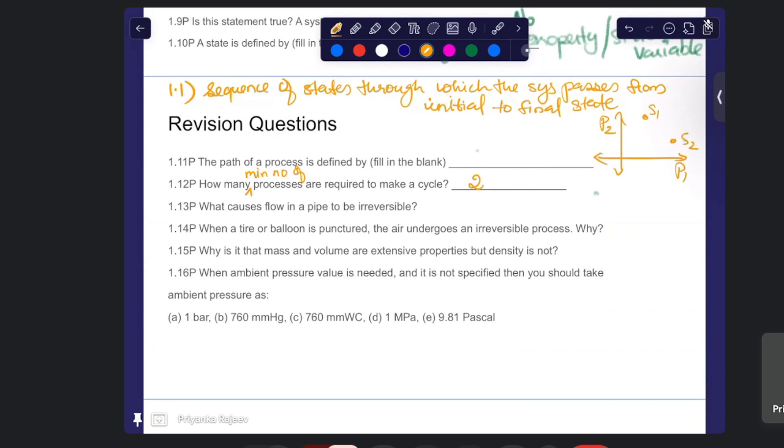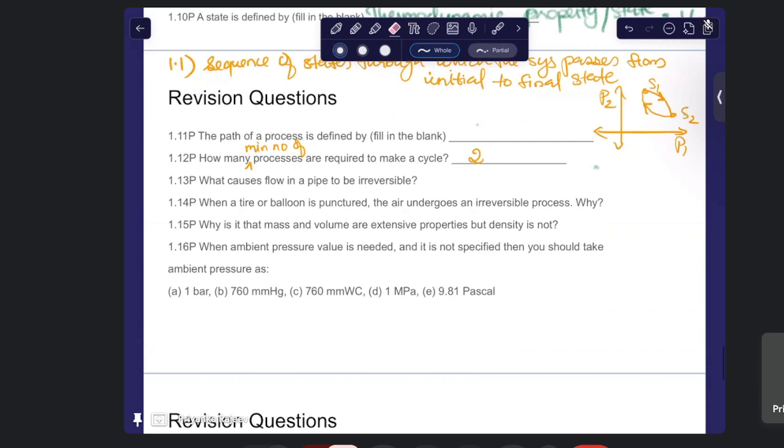If a process is taking it from 1 to 2, then at least one more process should be there to take it back from 2 to 1, because in a cyclic process, initial and final state are going to be the same. And maximum is not defined because you can take a lot of processes to reach state 1 again.